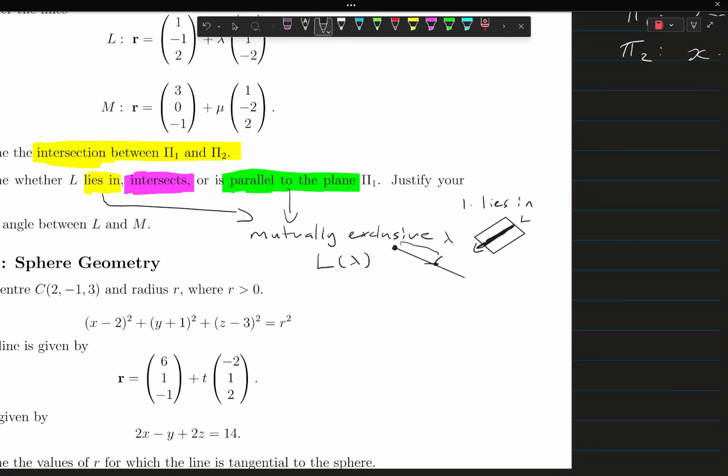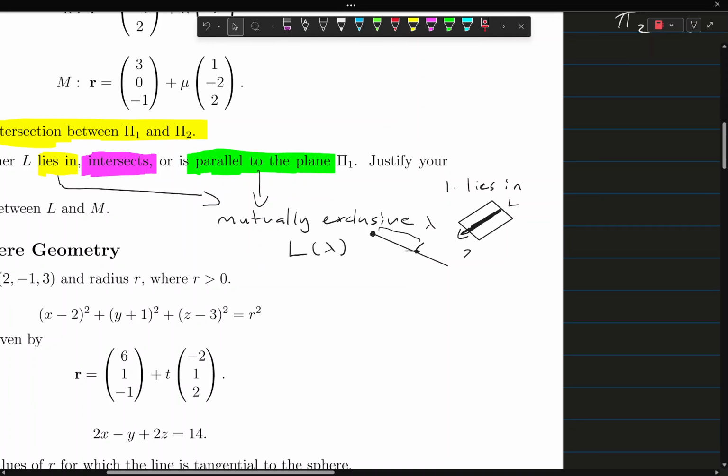If it intersects the plane, then lambda will only have one solution. And if it's parallel, lambda will have no solutions because it doesn't intersect the plane at all.